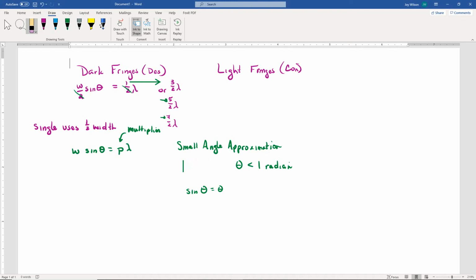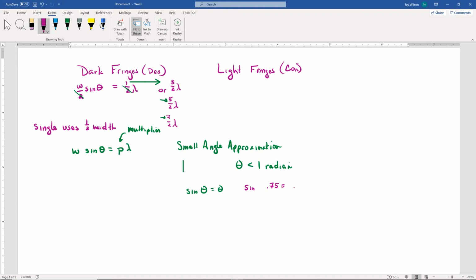Let's not worry about the degree one. It's a little bit harder to prove that one. But let's say we do the sine of, since it's 1 radian, let's do 0.75. If I do the sine of 0.75, that answer is 0.68. You say, Miss Wilson, that's not terribly close.